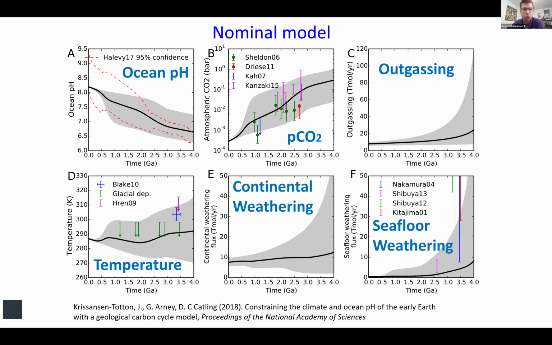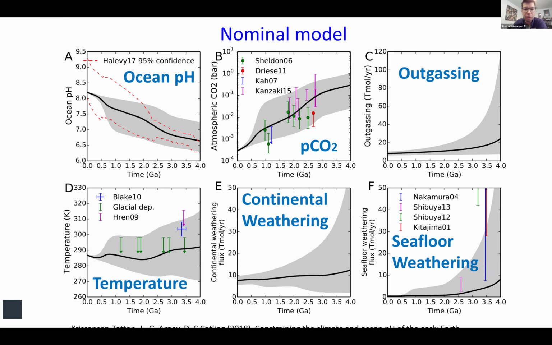And this is what you get. This is time on the x-axis going back, sorry that the time axis is reversed, from 0 to 4 billion years ago, showing the time evolution of ocean pH, CO2, outgassing, temperature, and the continental and seafloor weathering fluxes. The gray shaded region is just the huge uncertainty envelope from all these uncertain input parameters.